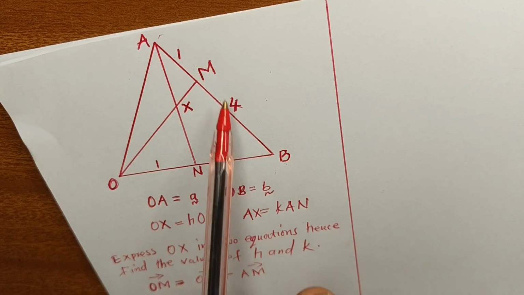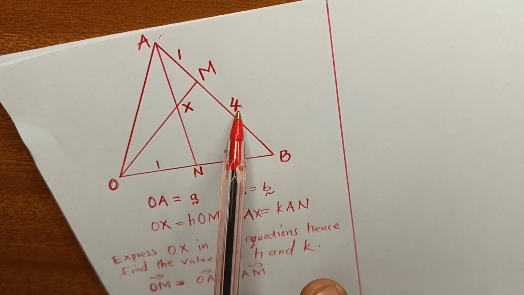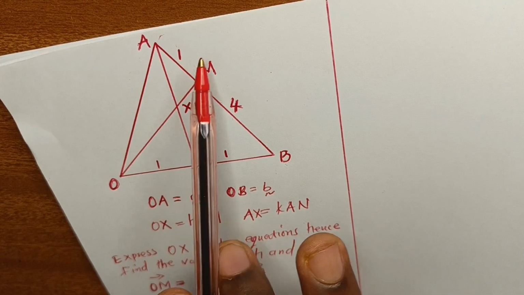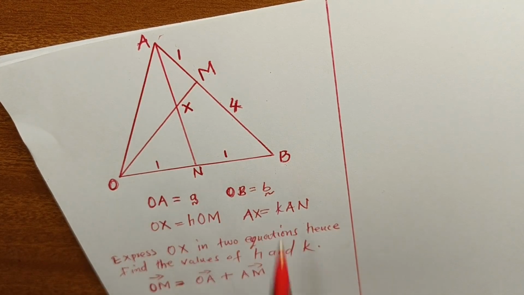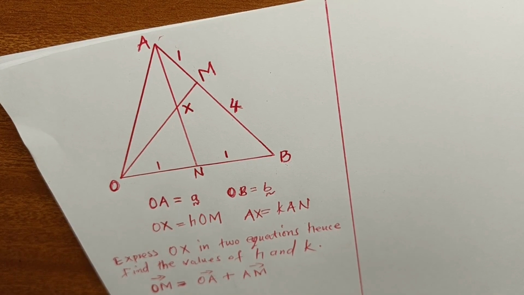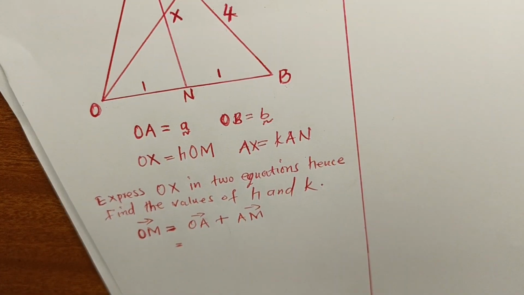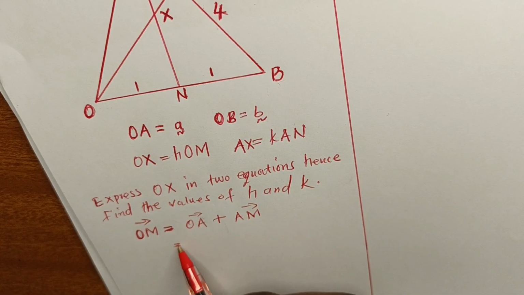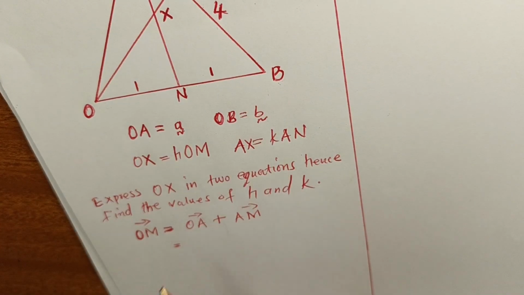The total is 5, which is 1 plus 4. So it will be 1 over 5 of AB. This will force me to find the vector AB first.